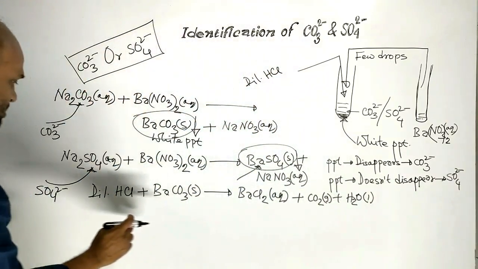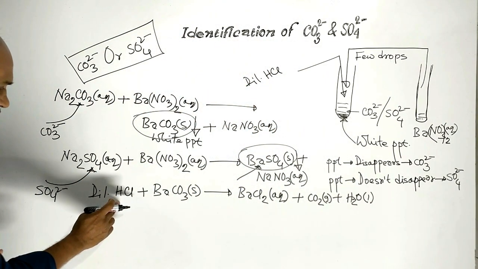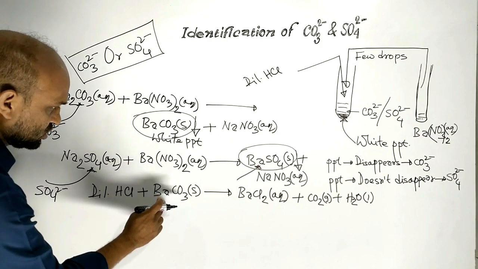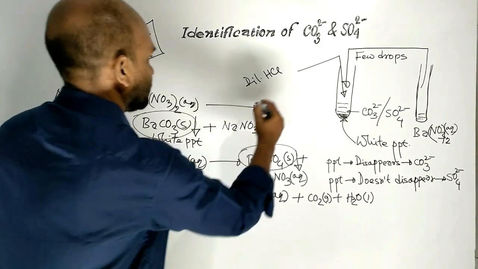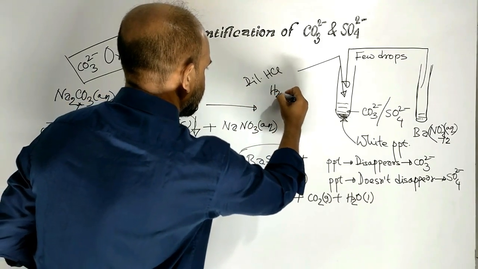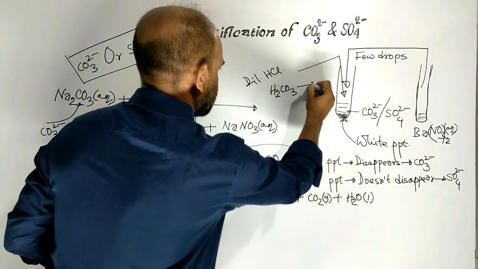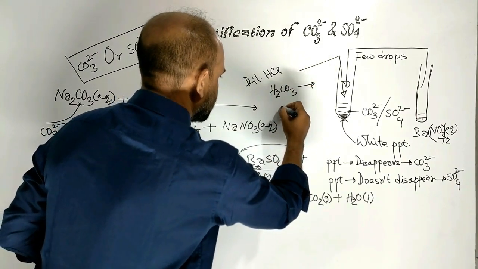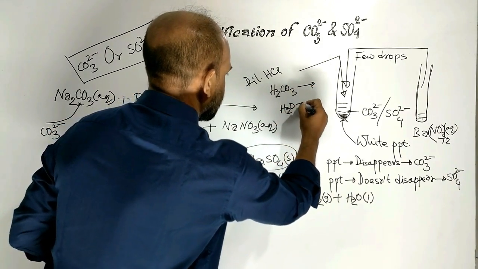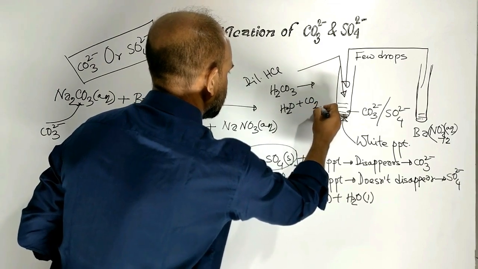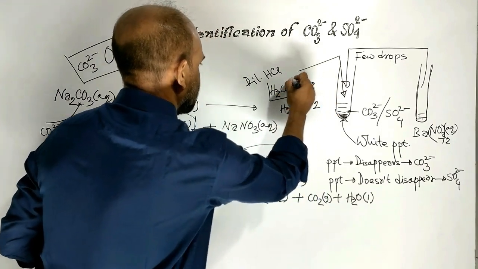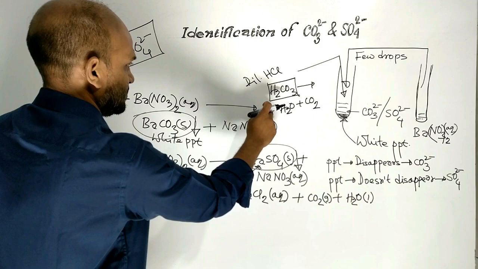In this case, diluted hydrochloric acid reacting with barium carbonate forms carbonic acid that promptly changes to water and carbon dioxide, because this is an unstable acid.